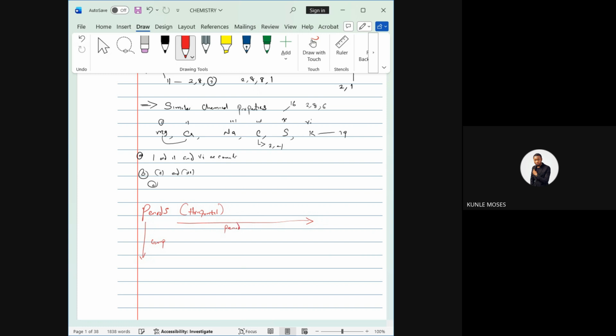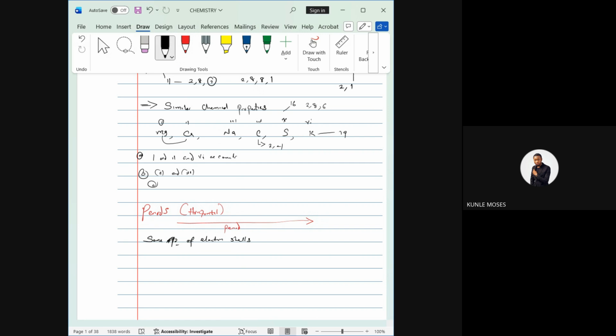Is that okay? So in periods, let me erase this so that it will not confuse me. Periods always have the same number of electron shells.